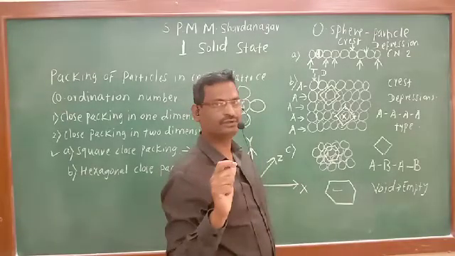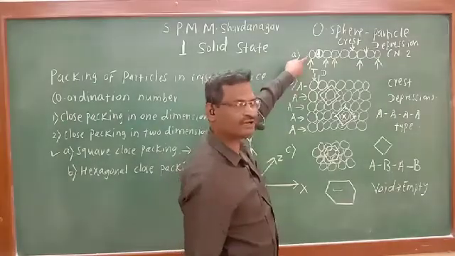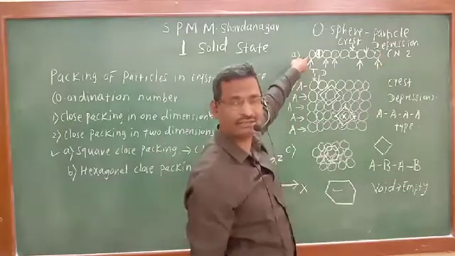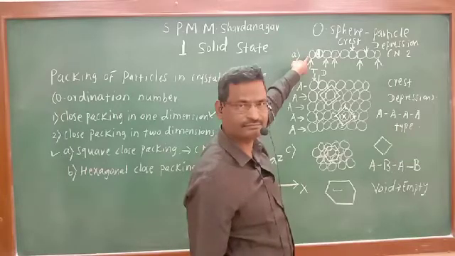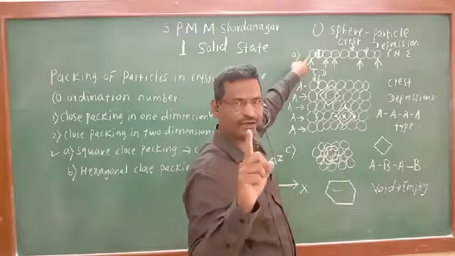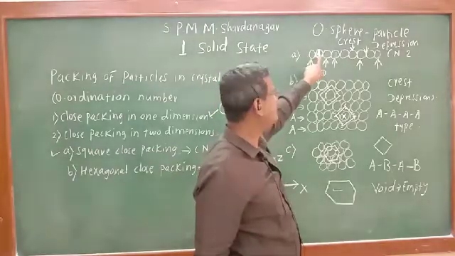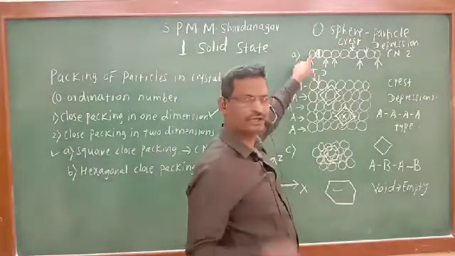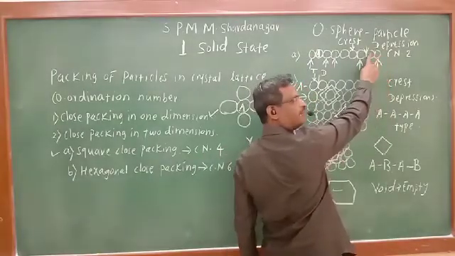But if we study the first sphere, first particle and last particle, can you tell me what is the coordination number here for the first particle and last particle? Is it 2 or 1? It is 1. Because the first sphere is in contact with only one sphere. So the coordination number of this is 1. If we consider the last sphere, this is also in contact with only one sphere.